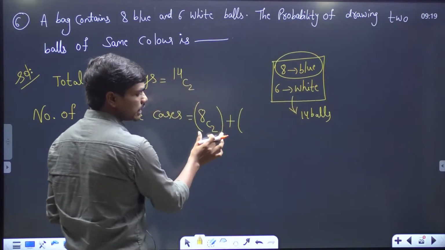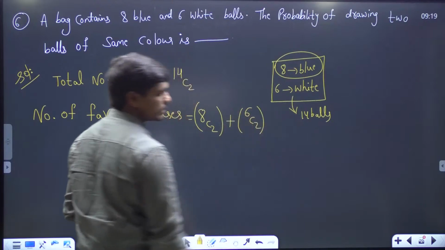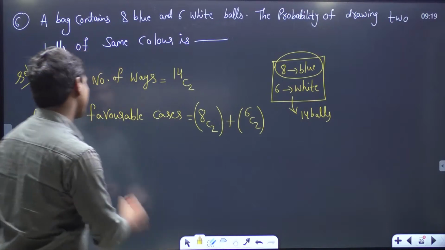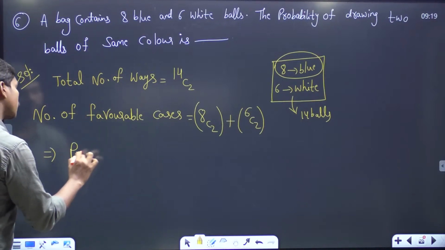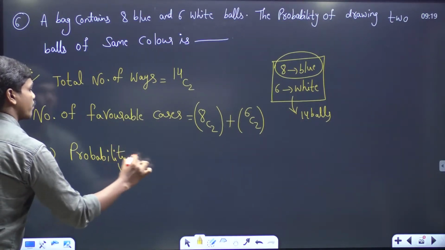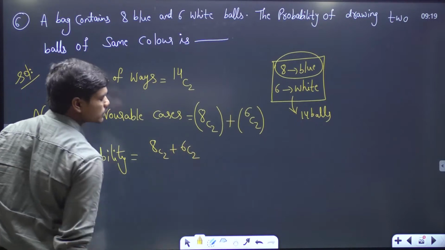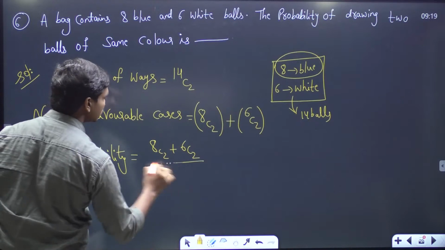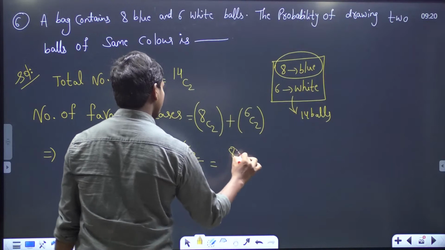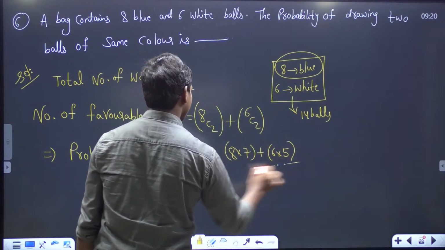So this is the number of ways in which you can select 2 blue balls. Similarly, you can select 2 white balls in these many ways, because a total of 6 white balls are present and you need to select 2 out of 6. So the probability is equal to 8C2 plus 6C2, the total number of ways in which you can select 2 balls of the same color, divided by 14C2, which is equal to 8 into 7 plus 6 into 5 divided by 14 into 13.